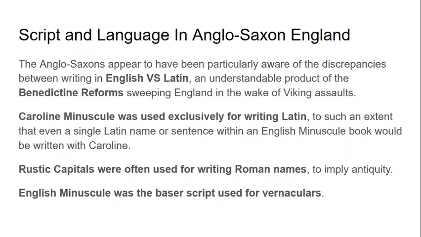So the Anglo-Saxons appear to have been especially aware of the discrepancies between writing in English versus Latin, and this is quite an understandable product of the Benedictine reforms, which swept England in the wake of Viking assaults. In essence, what the Benedictine reforms did was expel the secular clergy who had been teaching the populace and fulfilling many of the same roles as sworn monastics, and made sure that there was a process of qualification involved, so that people who were leading religious life in medieval England were monks and not secular people.